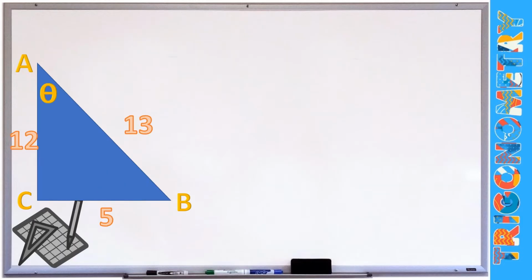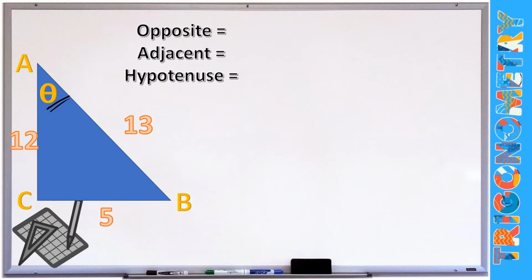We have here again triangle ABC, but we have here specific values or numbers. So we have already here your reference angle. We have your sides 5, 12, and 13. Let's identify first on this the opposite, the adjacent, and the hypotenuse.